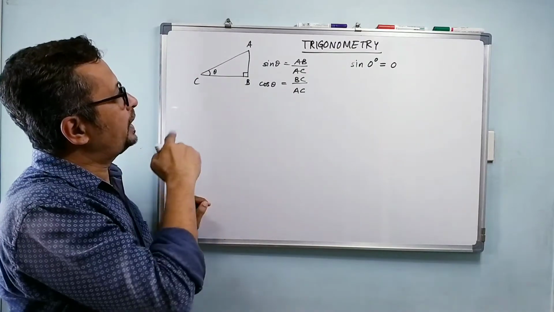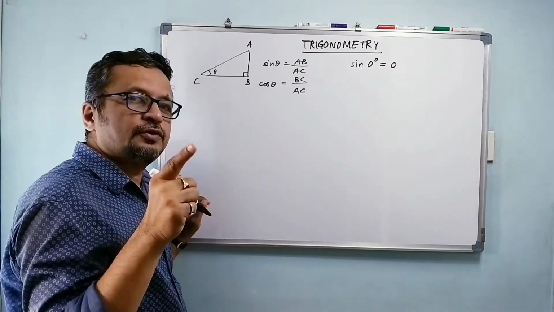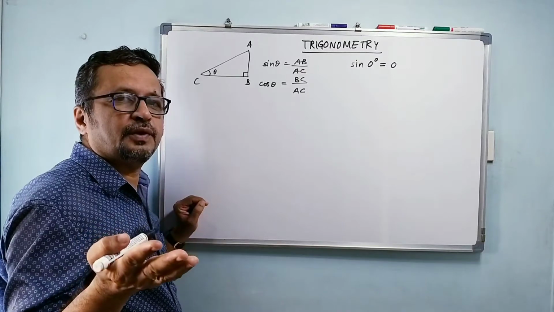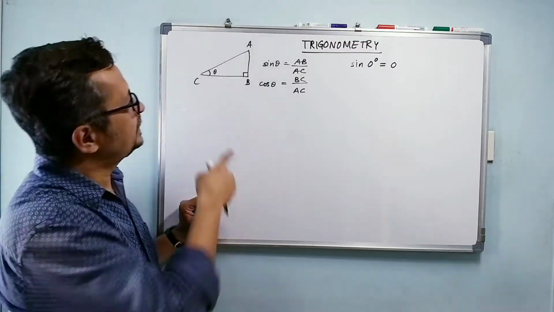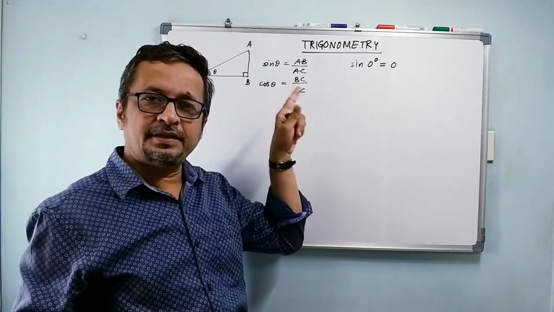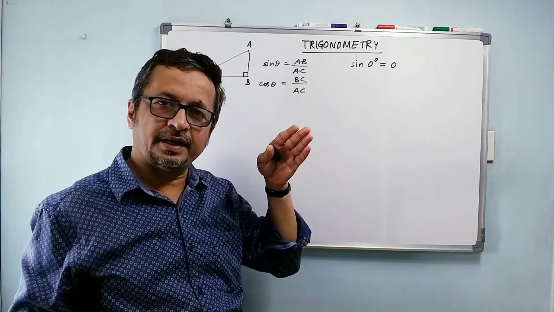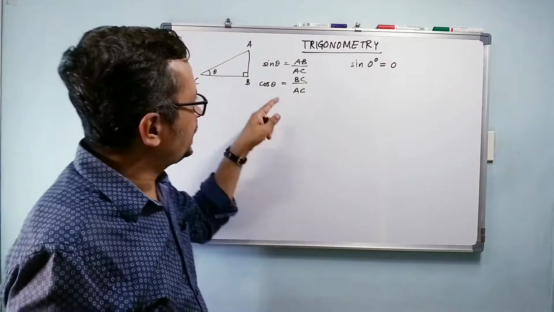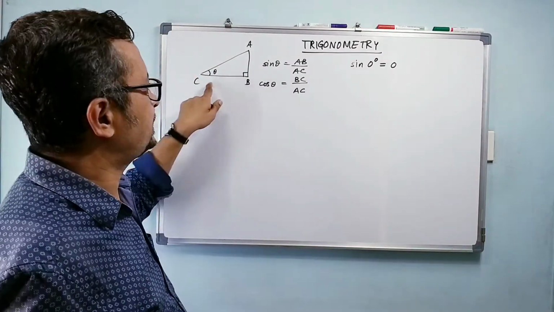Now again, what about cos of 0? They say cos 0 is 1. How can we say that? Now what is my cos theta? It is the ratio of adjacent side to the hypotenuse. And what is my adjacent side here? Adjacent side is BC.